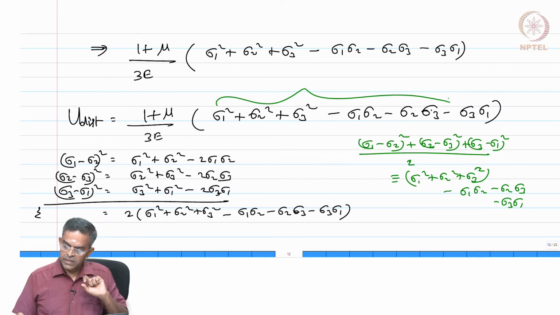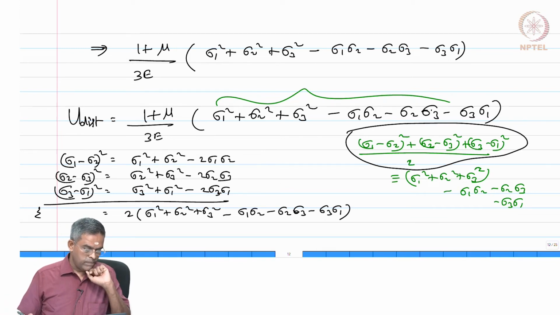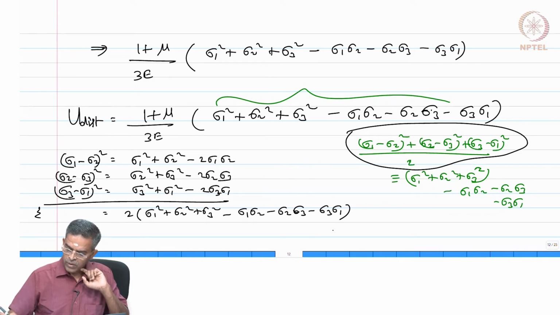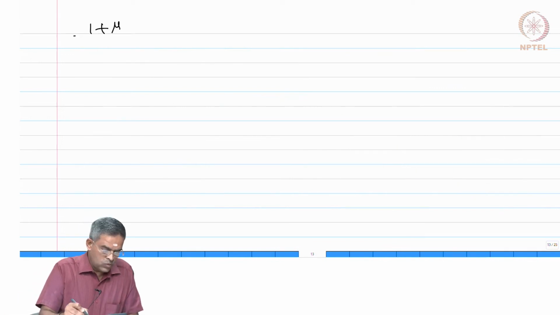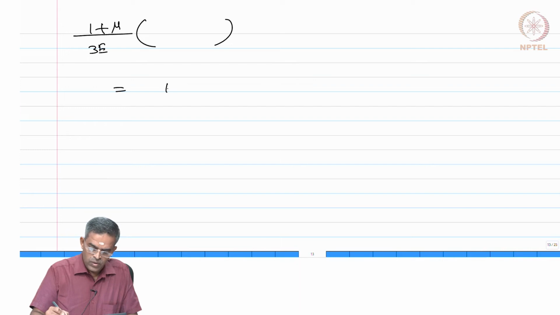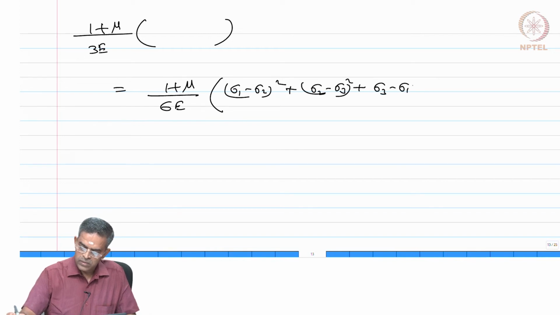So, I am going to replace this bracket term with this. Okay. So, there is (1 plus μ) by 3E, there is 2 here. So, I can now write (1 plus μ) by 3E of this will now become (1 plus μ) by 6E of (σ1 minus σ2) the whole square, am I right?